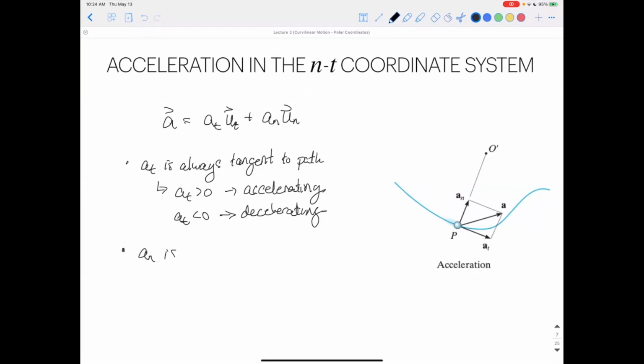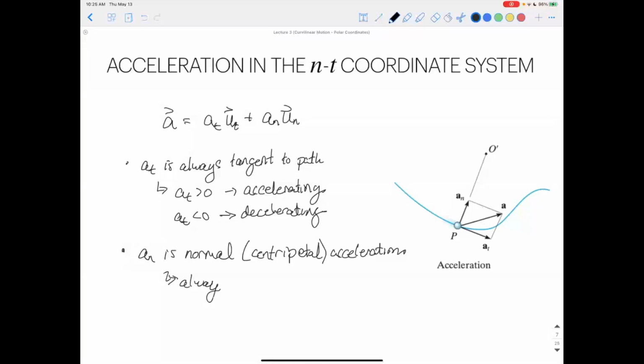So AN is normal or centripetal acceleration, and it is always pointing toward the center of curvature.